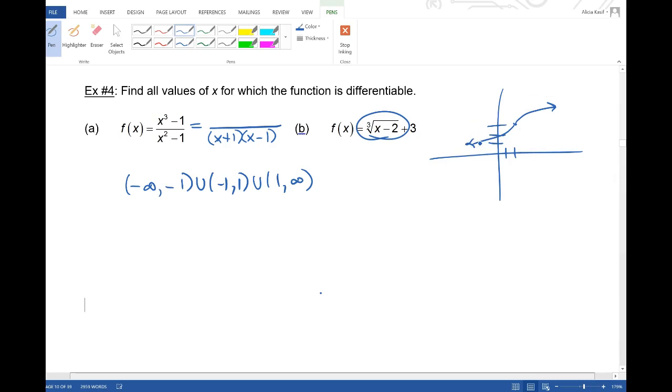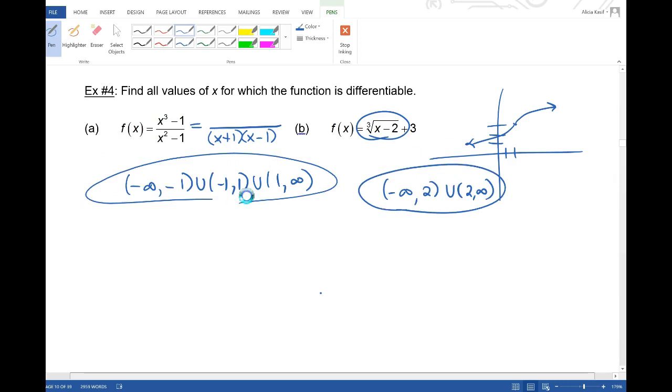For right now, you could have a calculator for this part, it's fine. And you could see that it's going to have a vertical tangent right at x equals 2. So it's basically whatever your horizontal shift is, that's where it's not differentiable. So from negative infinity to 2, and from 2 to infinity. Does that make sense? We're okay with that?